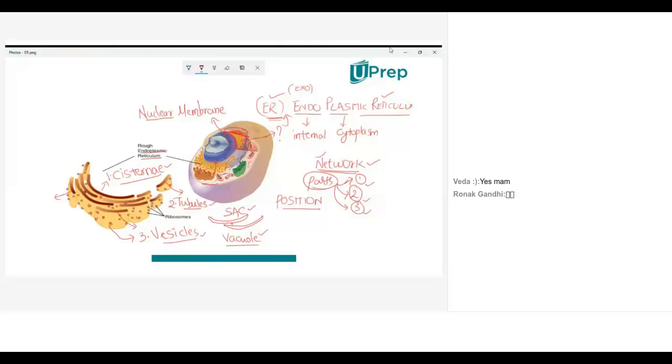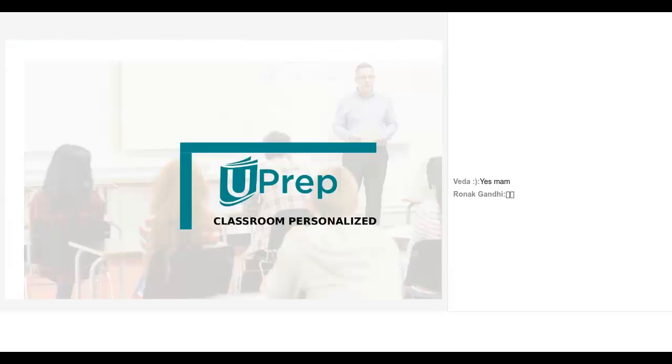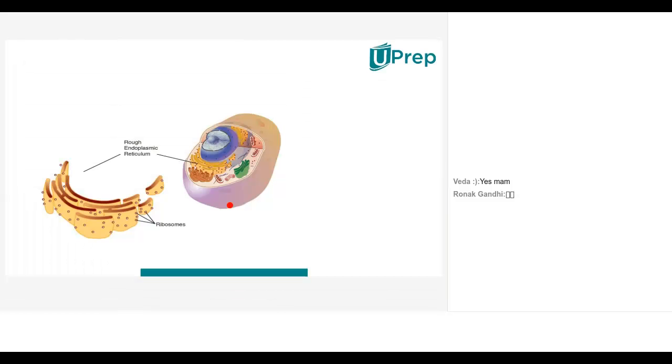Could you please explain again tubules? Tubules. Okay. Now here, if you take the whole endoplasmic reticulum structure, the reticulum stands for network. A network of different parts of endoplasmic reticulum we are talking.